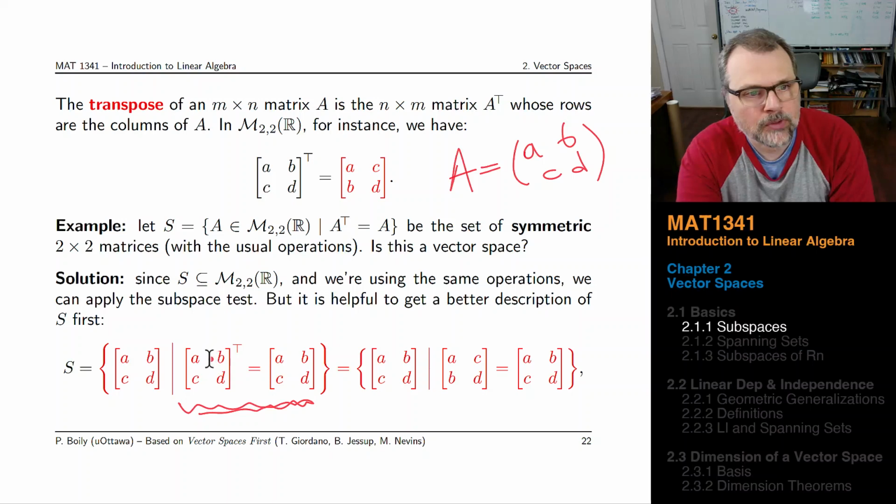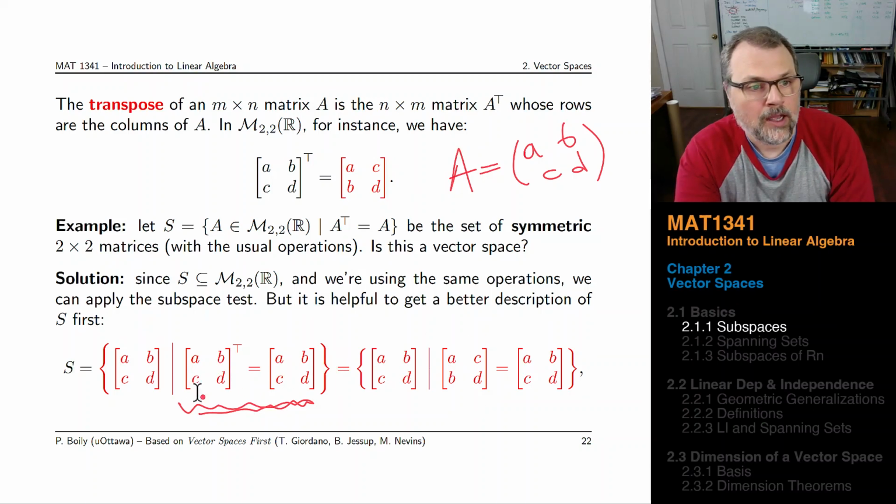I can compute directly on the left-hand side of the equality what the transpose of [A, B; C, D] is. I transpose the rows for the columns, so the first row becomes the first column, and the second row becomes the second column.